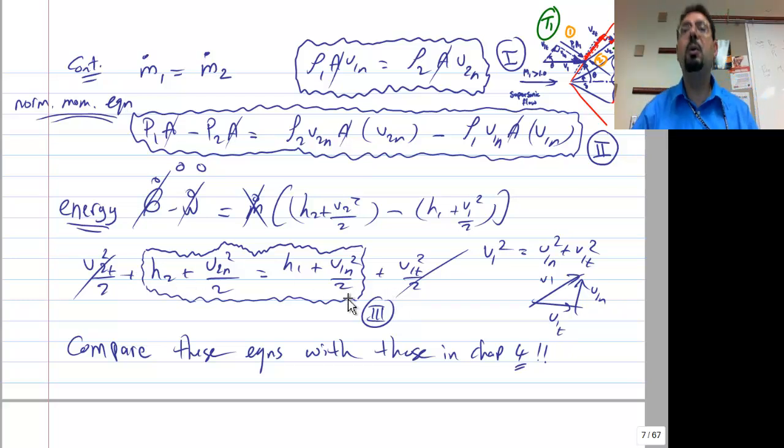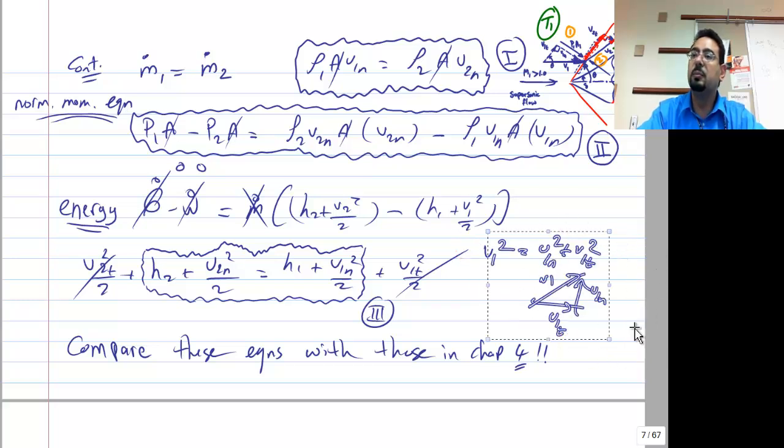Alright? So now H2 plus V2 squared. I split V2 into what? V2 tangential plus V2 normal squared. Look at this triangle over here.